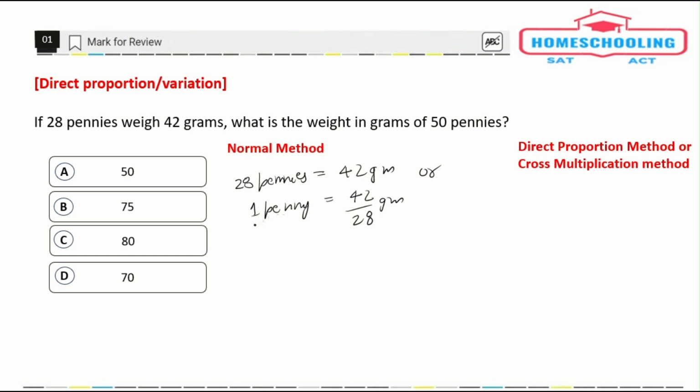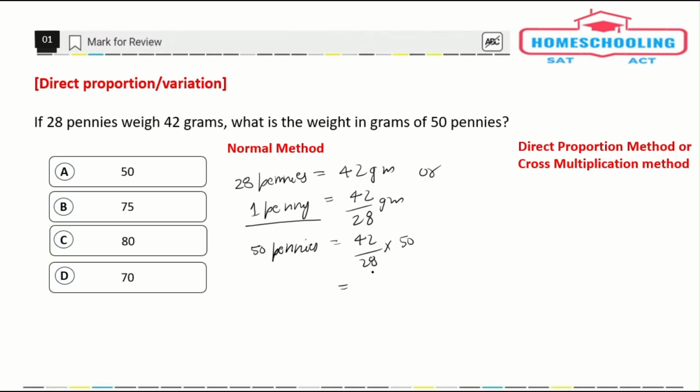So for 50 pennies, it would be 1 penny times 50. The weight of 1 penny is 42 divided by 28, times 50. So let me put it on my calculator.